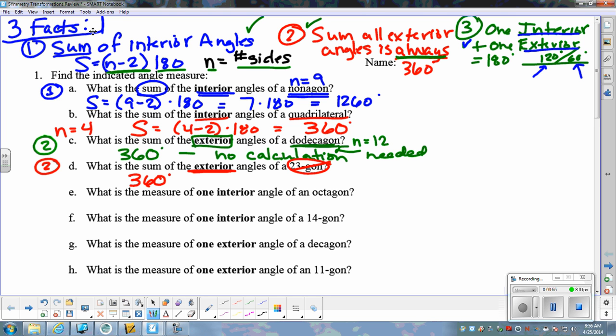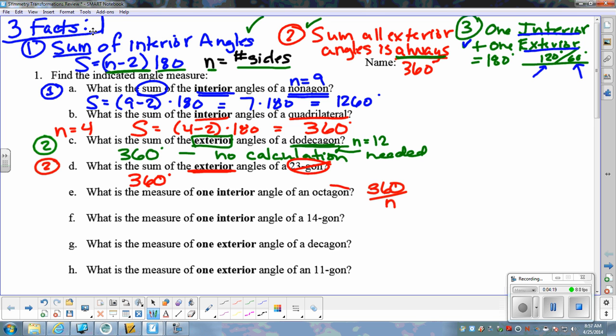E, what is the measure of one interior angle of an octagon? Well, we know that the sum of the exterior angles is 360, and we can figure out one exterior angle by dividing by the number of sides.